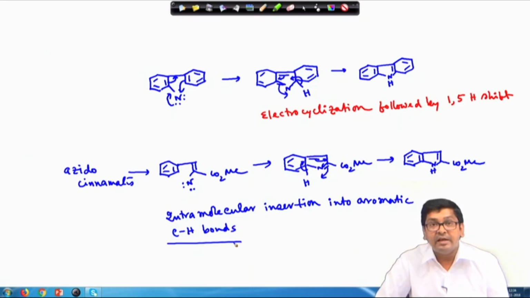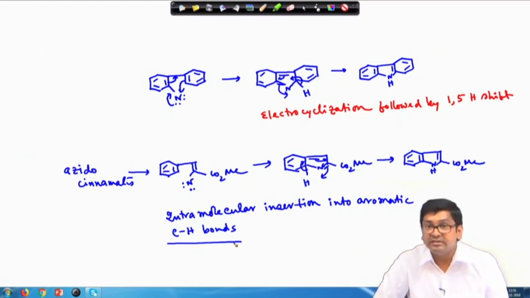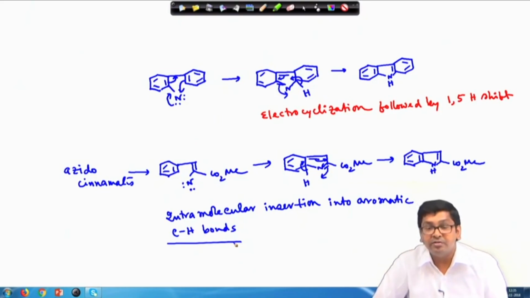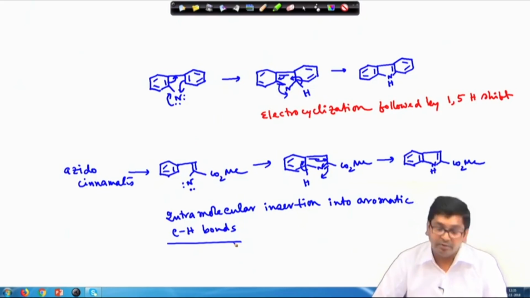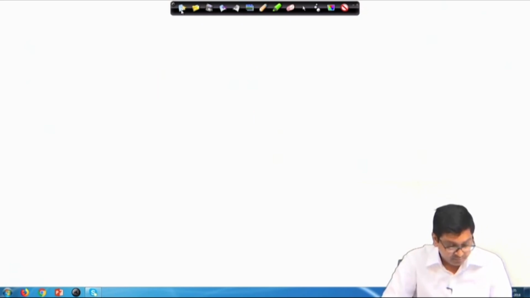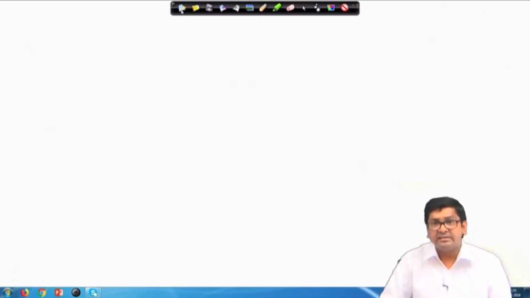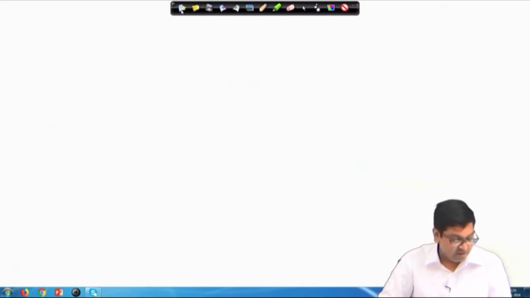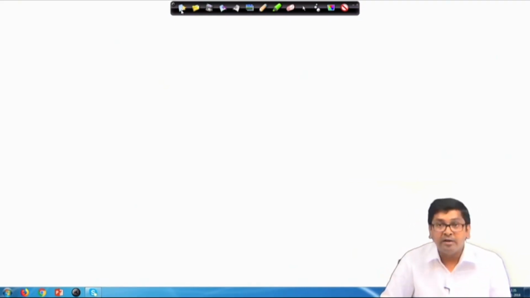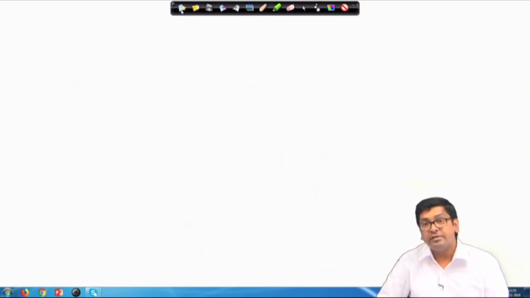So, we have seen initially the intramolecular insertions into aliphatic carbon hydrogen bond. Here it is going through intramolecular insertions into aromatic carbon hydrogen bond. Next we will see some carbon hydrogen bond aminations through intra versus, this will work in intramolecular way, but in different regioselective manner.